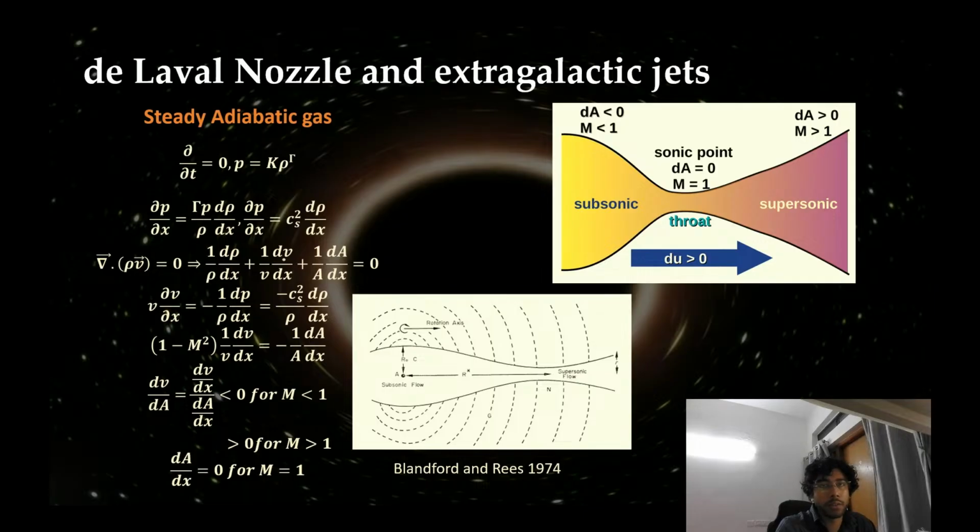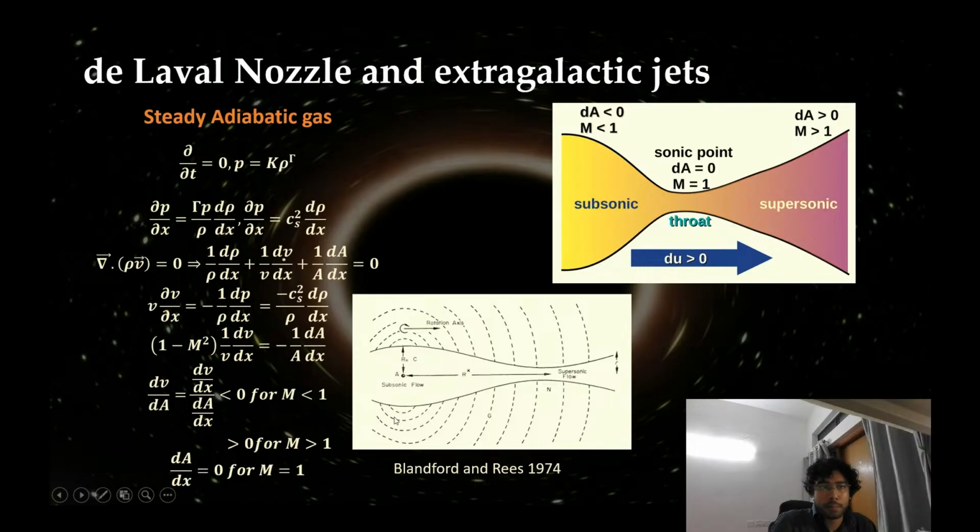As we know, all galaxies have an active galactic nucleus or a supermassive black hole at the center, and most of them are accreting and hence are active. And whenever that black hole is accreting, it releases these jets, right? And these jets pass through this galactic gas, and then finally get ejected into the extragalactic medium, right?